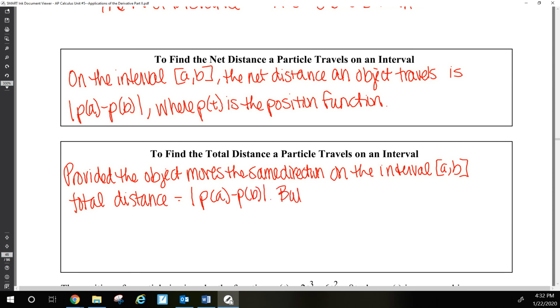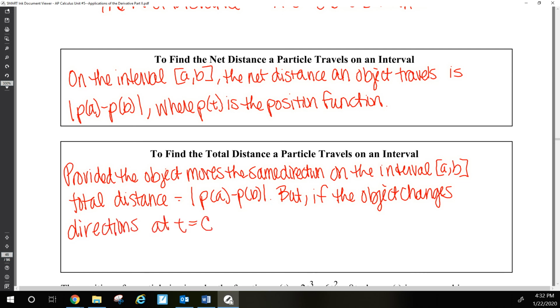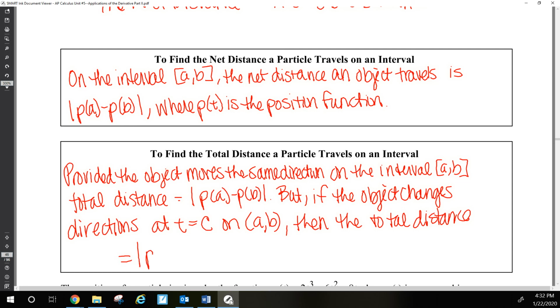But if the object changes direction at, say, t equals c, that's on the open interval AB, then the total distance is equal to the absolute value of P of A minus P of C, plus the absolute value of P of C minus P of B. And we're going to look at that in the next example.